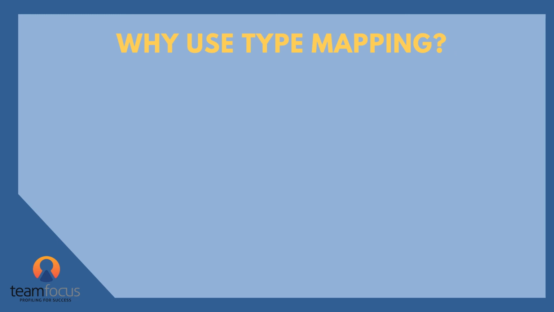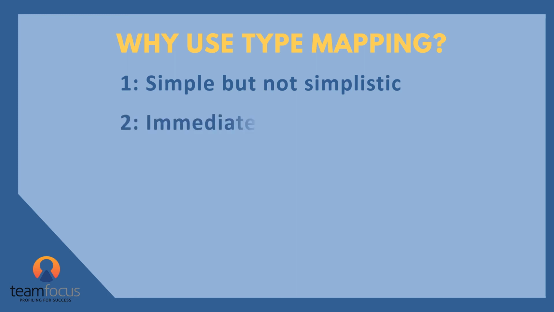At the beginning, I said I would summarize why I like the type mapping system. And my first point is that it is simple but not simplistic. This makes it easy to use, and since the questionnaires can be used independently, it can be introduced in bite-sized chunks. My second point is that whichever questionnaire you start with, they deliver immediate value to the taker due to the accessibility and usefulness of the reports.